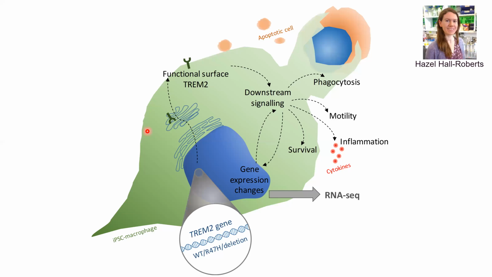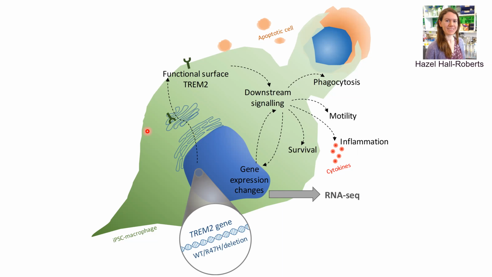So Hazel, we are using an isogenic series of iPS cell lines which have either wild type TREM2, or R47H knocked into both alleles, or biallelic knockout.